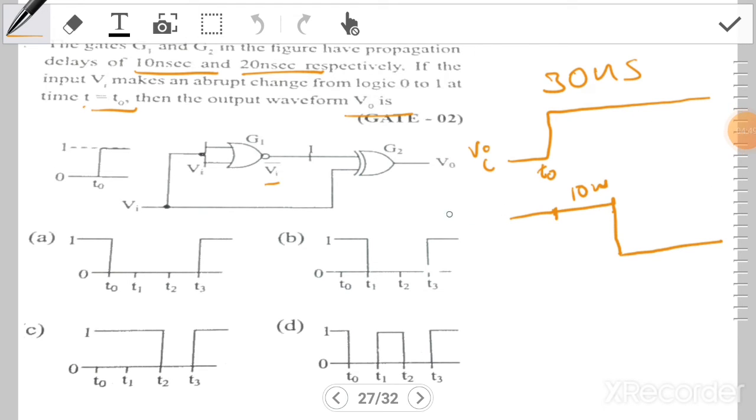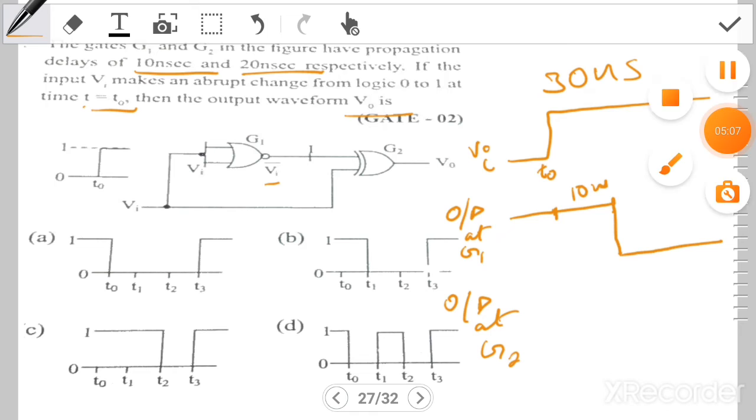This is the output at G1 and the output at G2. The output at G2 depends upon Vi and the output at G1.